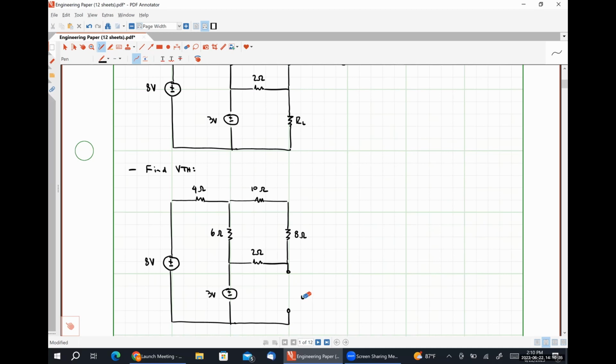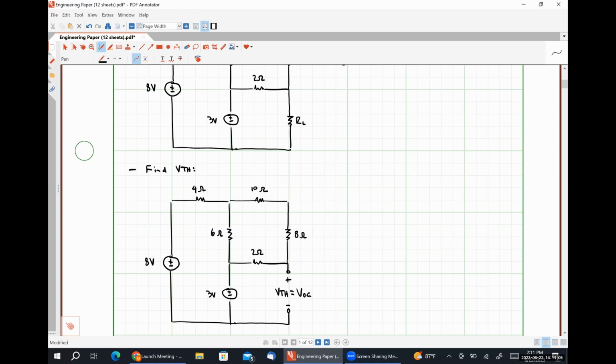And this is going to give us the open circuit terminals that we're finding the voltage across. I am going to choose to put my positive polarity terminal on top and negative polarity terminal on bottom. And so this will be VTH. You might also see this as VOC, literally meaning the open circuit voltage. They both represent the exact same thing.